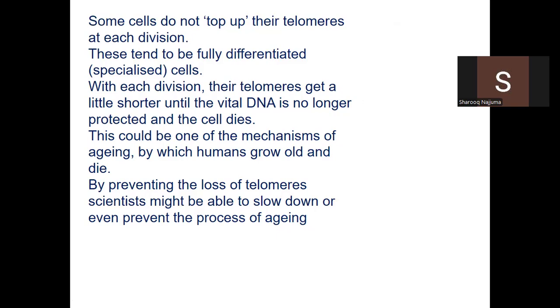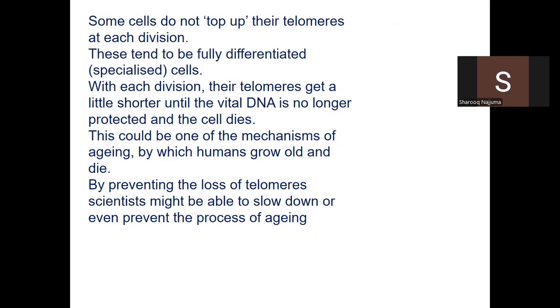And this is one of the mechanisms they think brings about aging. Like you see how people grow old and maybe the skin becomes sagging. It's no longer strong and firm as it was when you were still young. Maybe because some of the cells in that region have divided so many times that they have started losing important genetic information. So eventually, they are not going to be repaired.